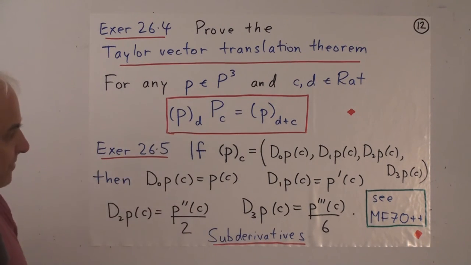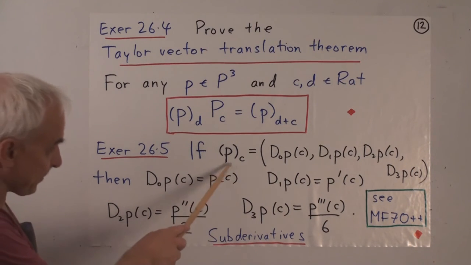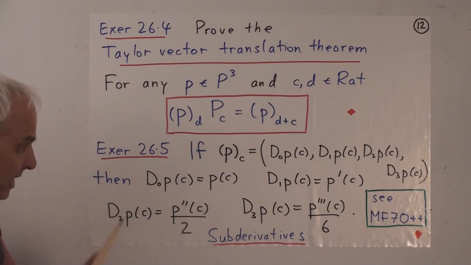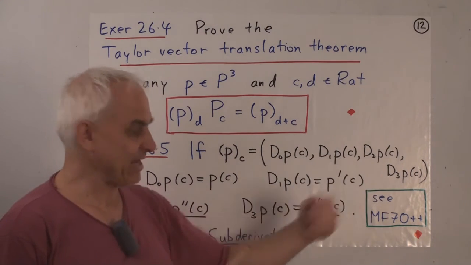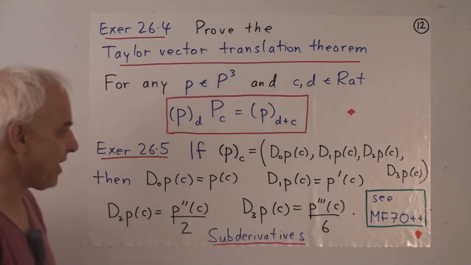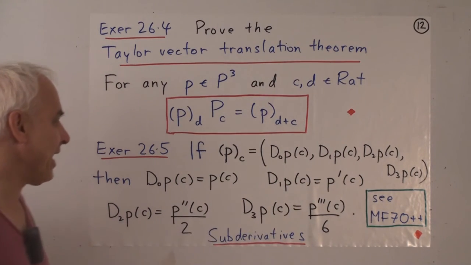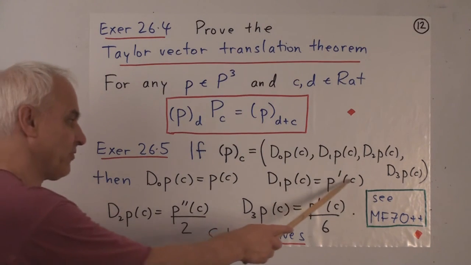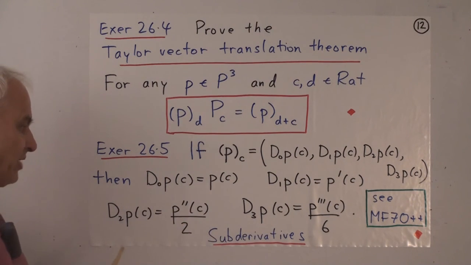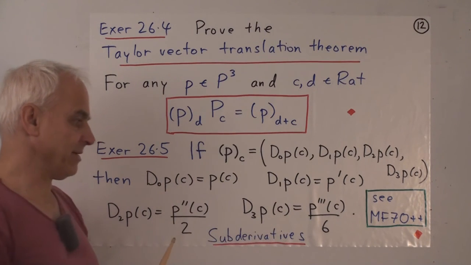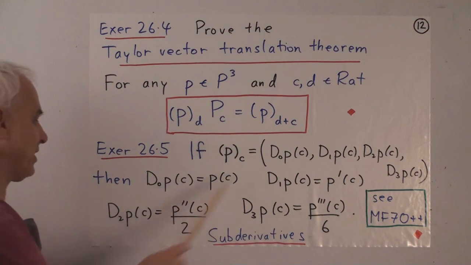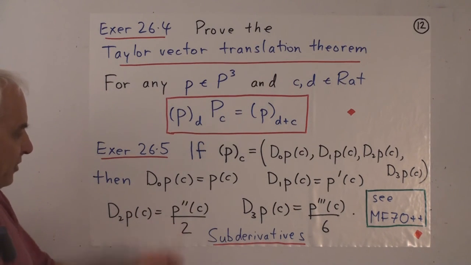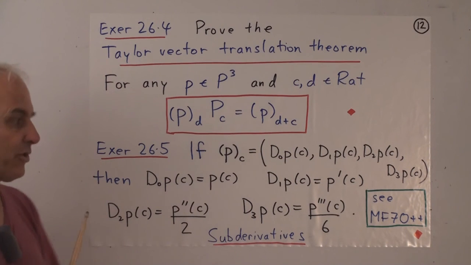So I just want to connect here that if we think of this Taylor coefficient vector, P sub c, in terms of the entries as depending on c, then these four entries end up being the original polynomial itself, the first derivative, the second derivative divided by 2, and the third derivative divided by 6. And these four quantities, I prefer to call them subderivatives. So they're a lot like derivatives, except that they're a little bit normalized to make them a little bit nicer.